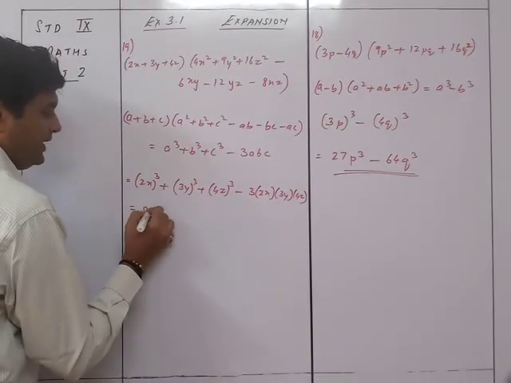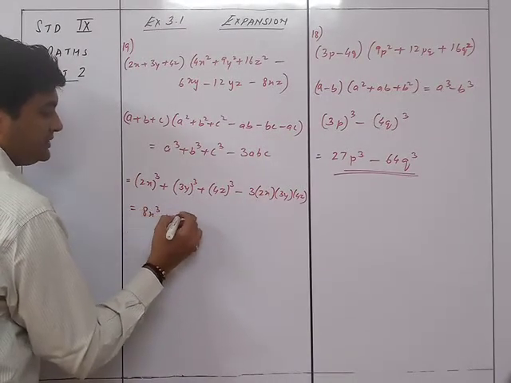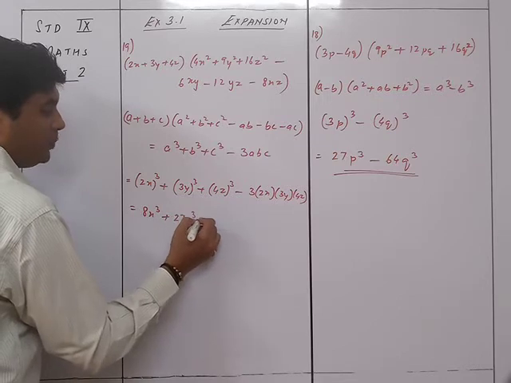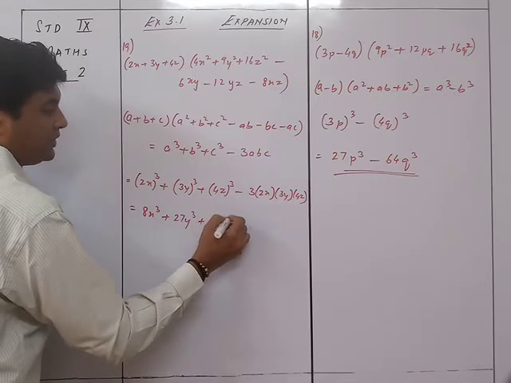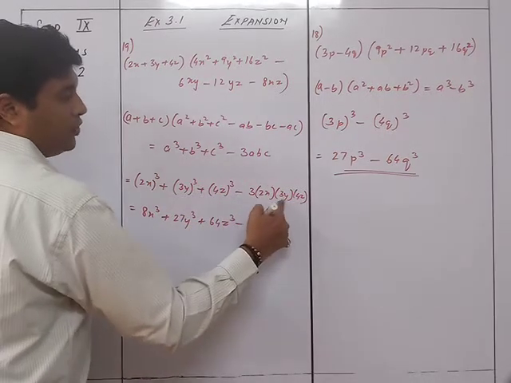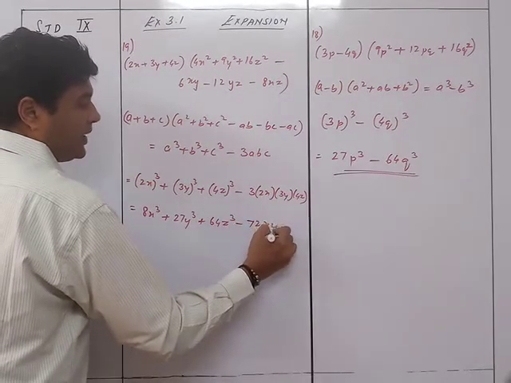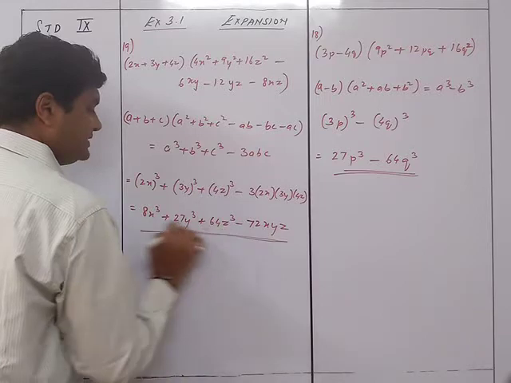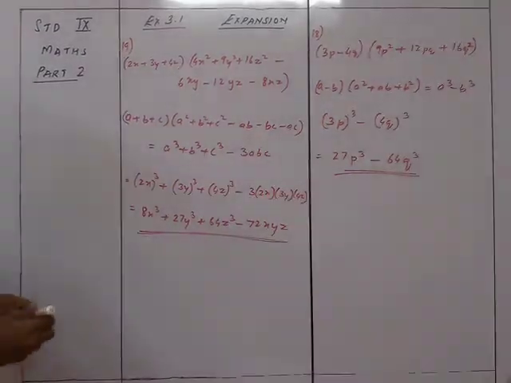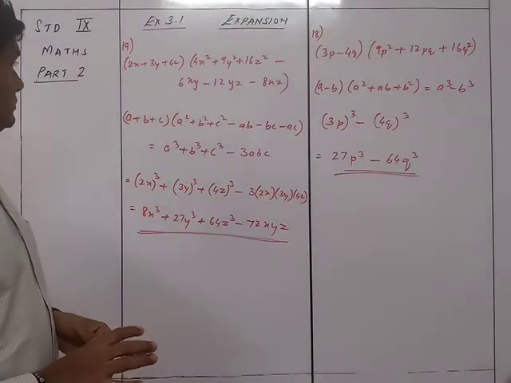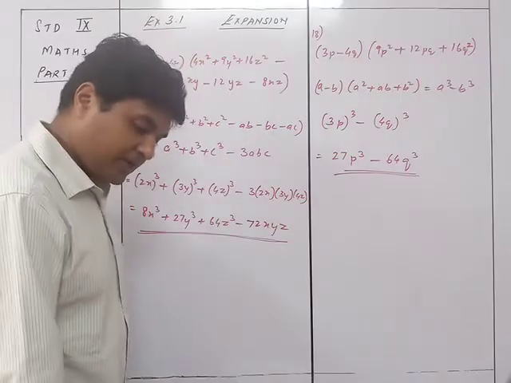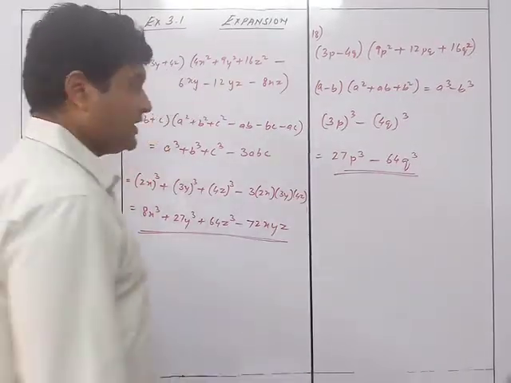That is 8x cube plus 27y cube plus 64z cube minus 3 into 2 into 3 into 4, that is 72xyz. That's the answer for this particular thing. That was sum number 19. We now move on to sum number 20.